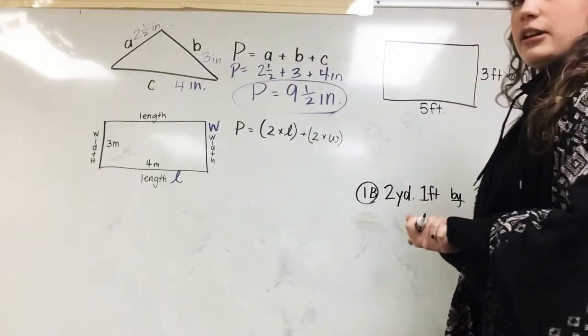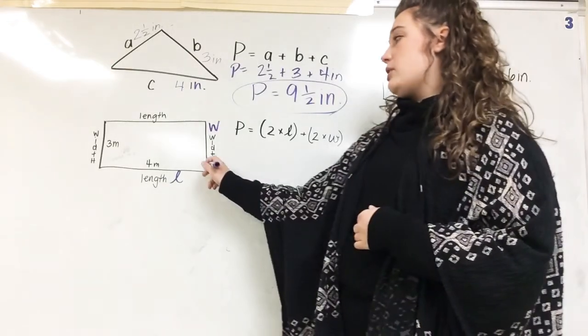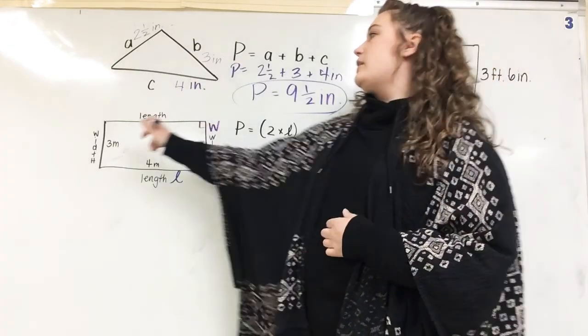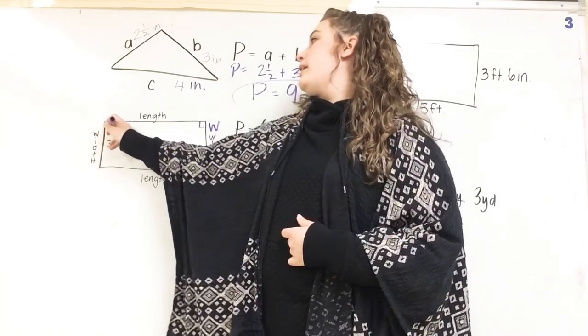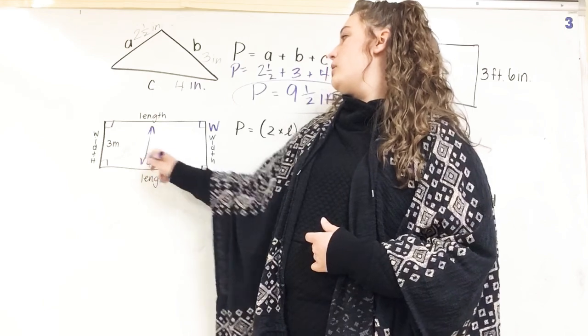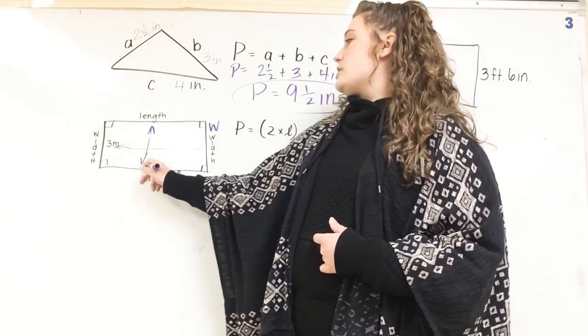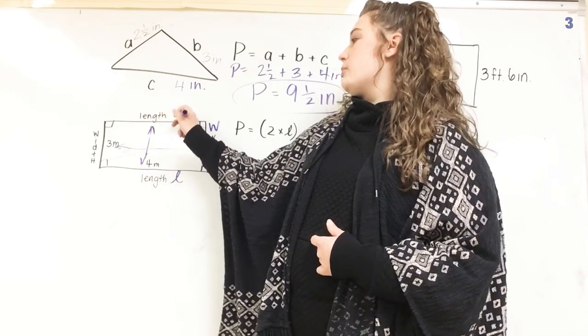Okay, the formula for a rectangle perimeter is, now these are all rectangles, remember, 90 degree angles, which means that these sides are the same and these sides are the same. Okay, so if this is 4 meters down here, this is going to be 4 meters.